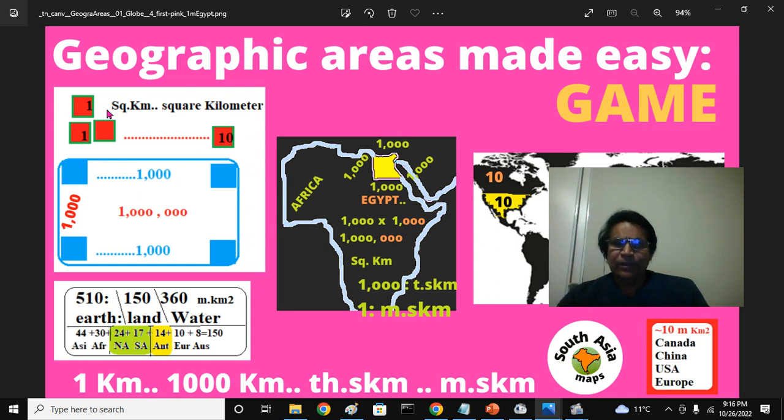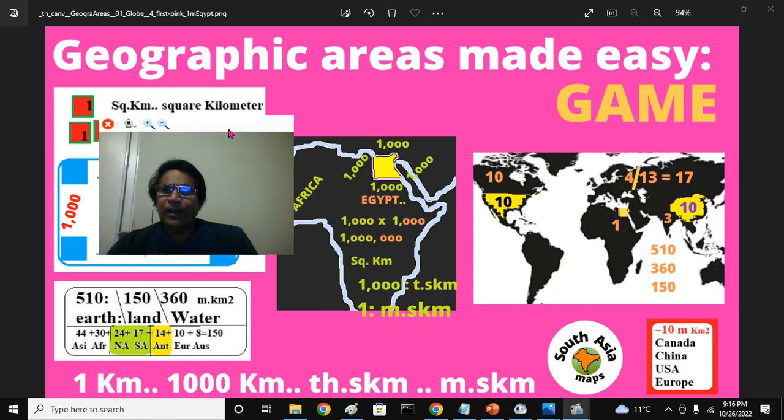To make the matter simple, 1 square kilometer, if you put 10 of them, is 10 square kilometers. There are 1,000 kilometers here and 1,000 there, that becomes 1 million square kilometers. Egypt, an African country on the planet Earth, is exactly 1 million square kilometers.